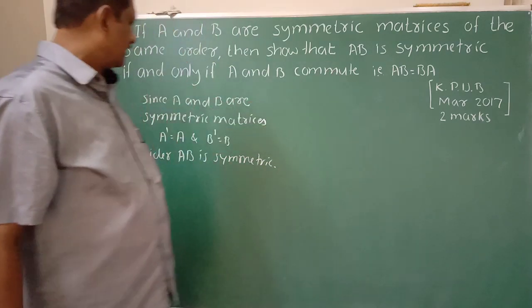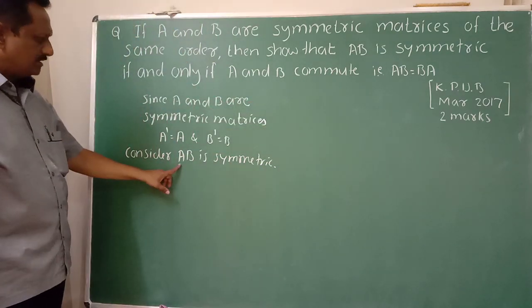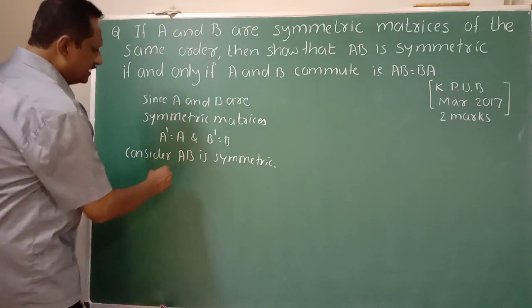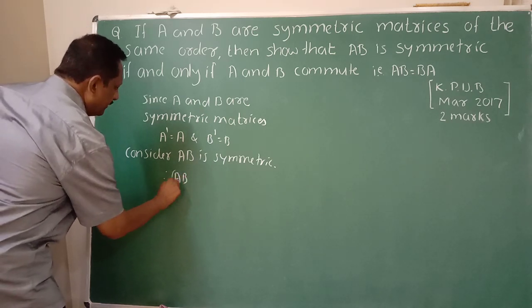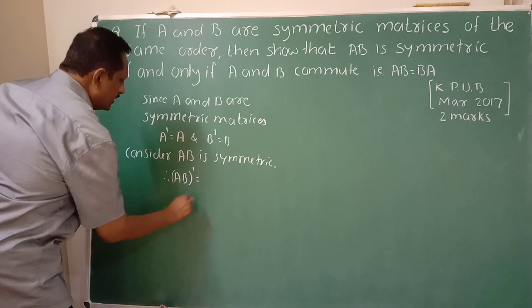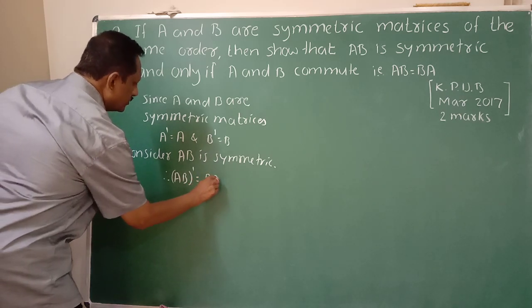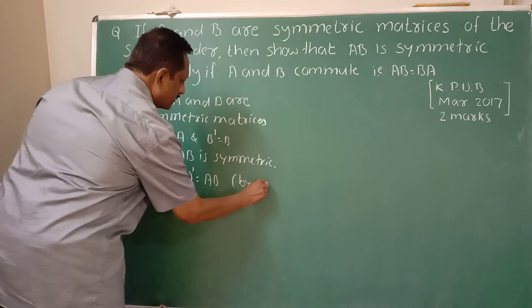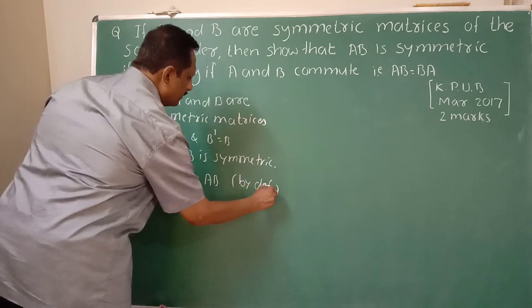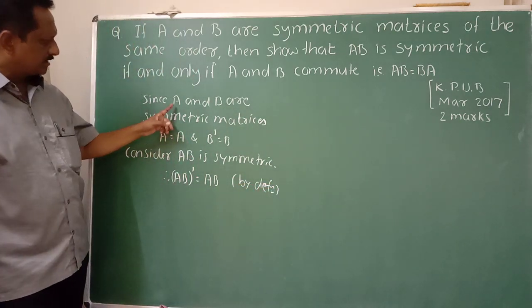You have to prove this result here. So if AB is a symmetric matrix, then by definition AB dash is equal to AB. This is by definition.